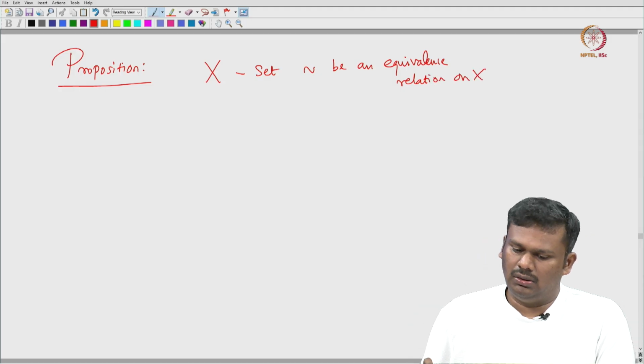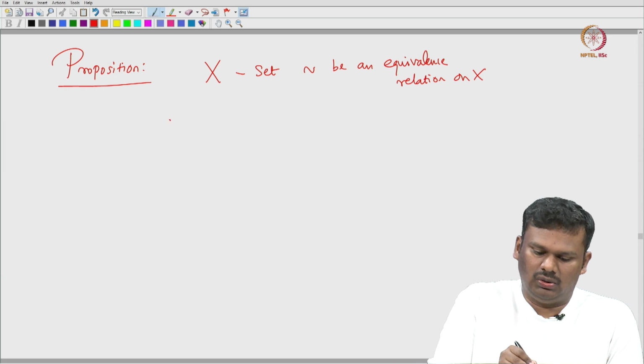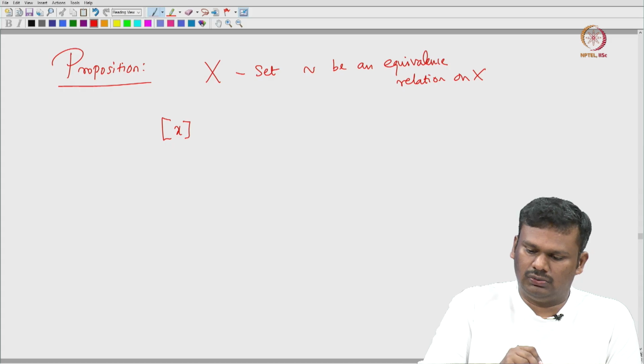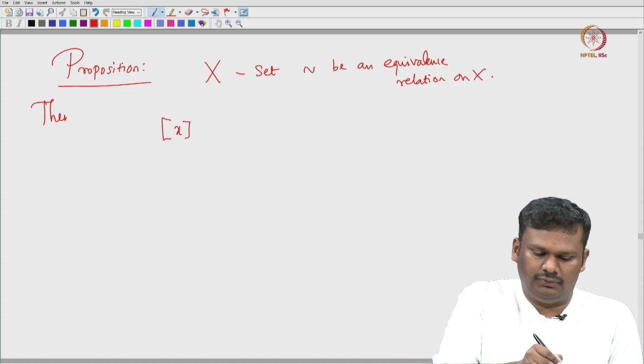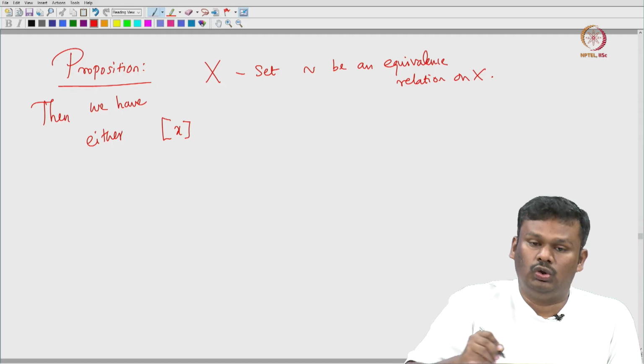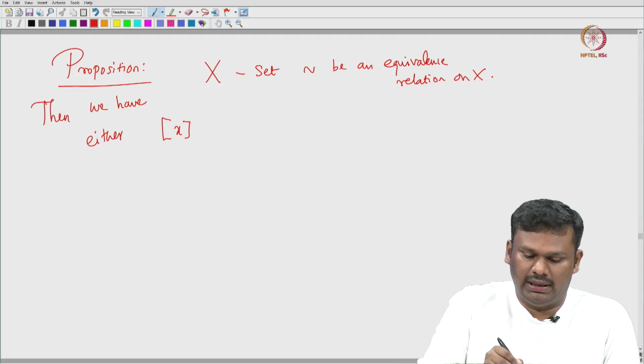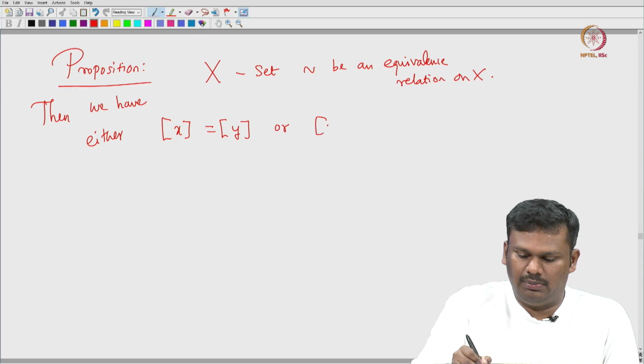Now we can look at the equivalence classes. What one can prove is that for two equivalence classes, either they are identically equal or they are completely disjoint.